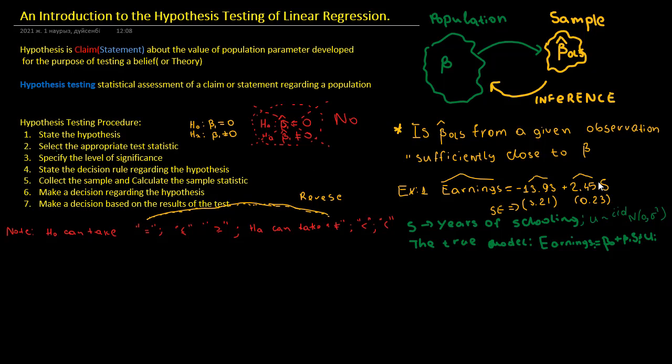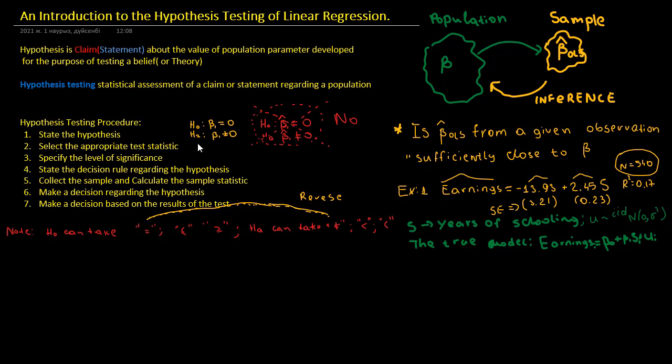In our example, beta 1 is a mean and we have n equal to 540 observations, so we're using the Z distribution. Next, we specify the level of significance. We'll check our hypothesis at the 5% significance level.